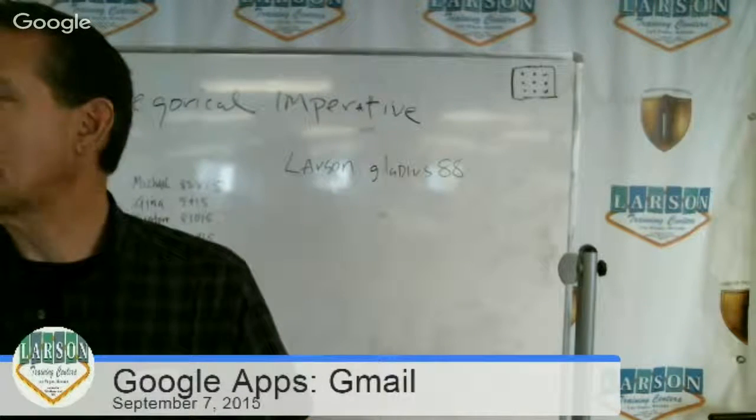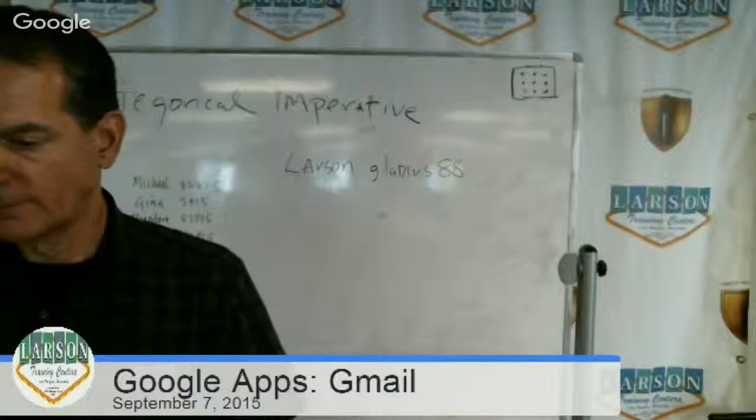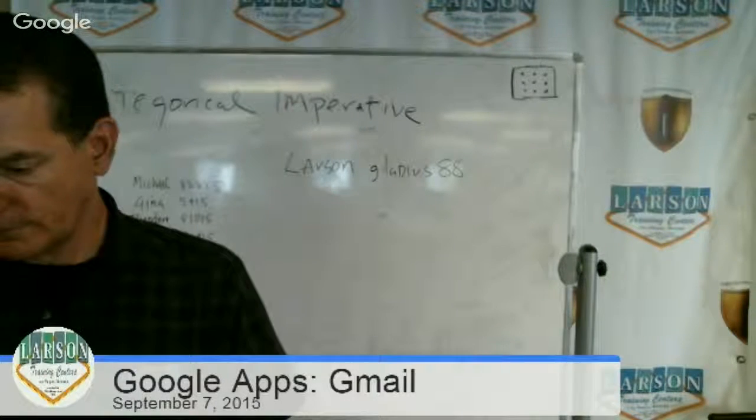Okay, go to the gear, then what? Then you scroll down to settings. Then we go to settings, perfect. Then you click on settings, and that should open up your settings.